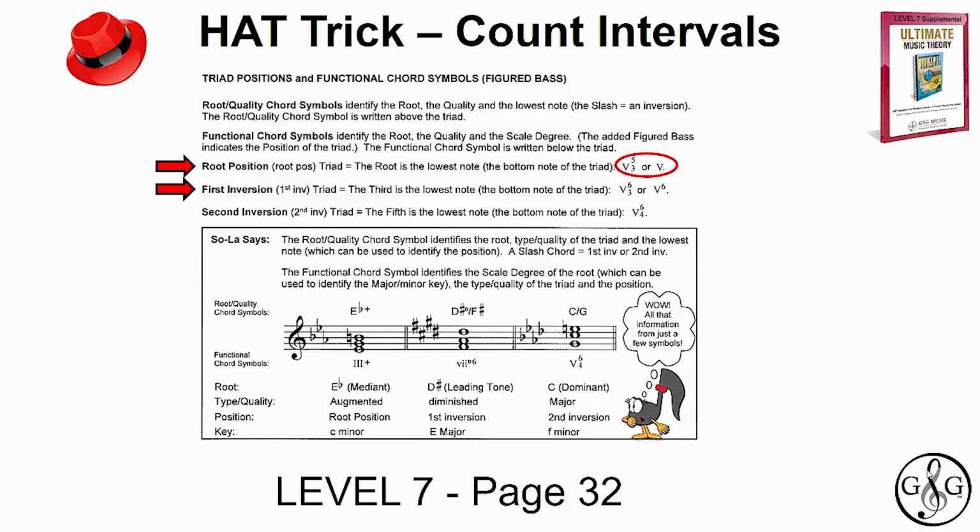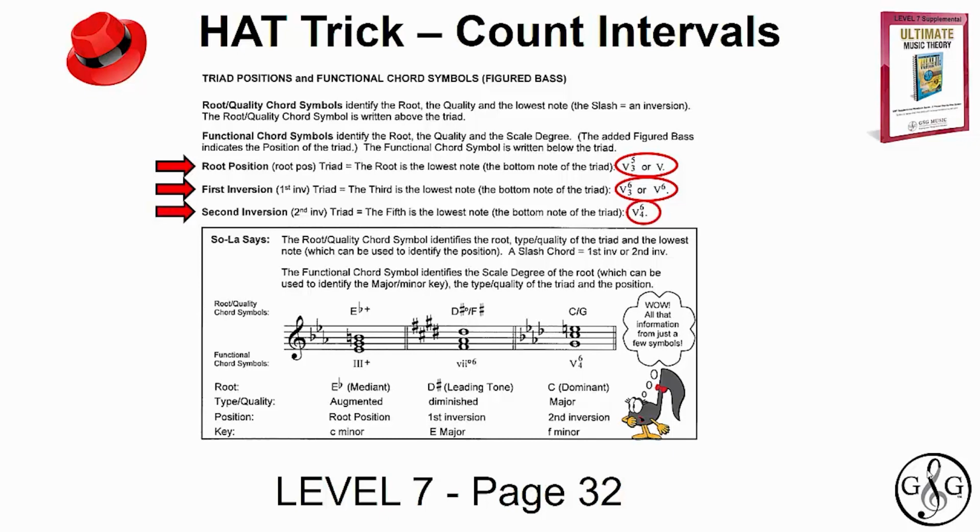So now the dominant 5 chord in root position, so the root is the lowest note and the intervals above indicate the 5 and then 5, 3. And usually that's just written as a 5 with no figured bass. So that's the V, which equals 5 in Roman numerals. The dominant 5 chord in first inversion. So now the third is the lowest note, and the intervals above indicate that it is a 5, 6, 3, or just written as 5, 6, which means that's going to be in first inversion. And the dominant 5 chord in second inversion.